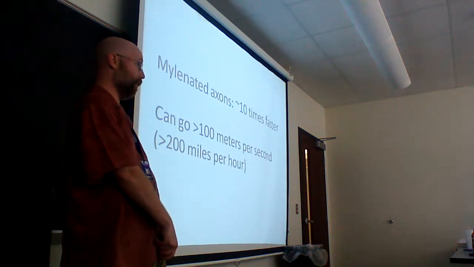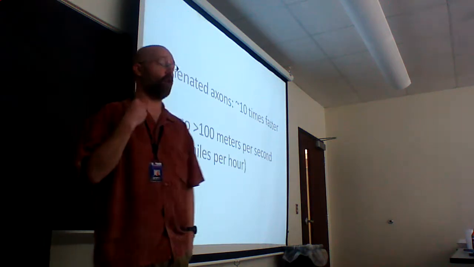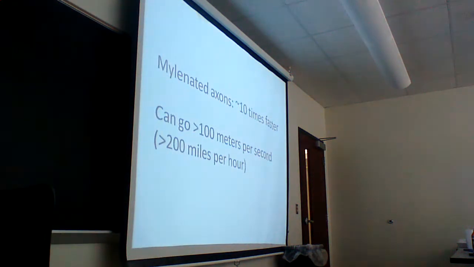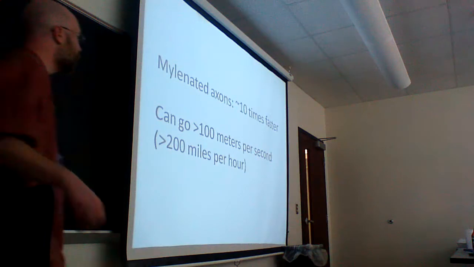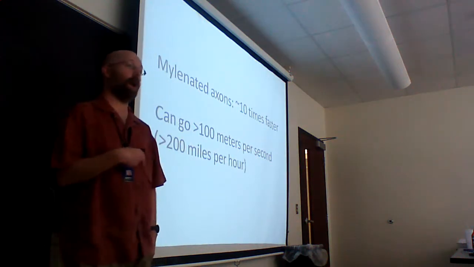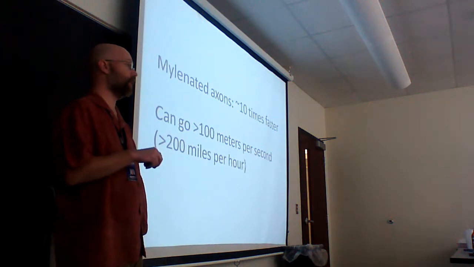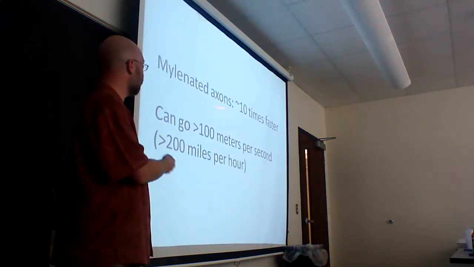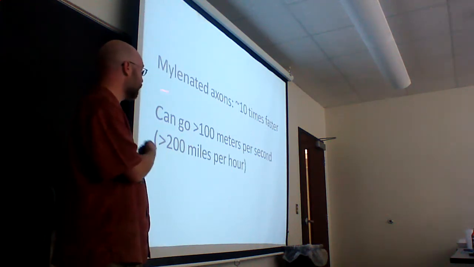That's very important. You need a lot of near instantaneous communication in a lot of your neural circuitry. Not all, but a lot. There are unmyelinated axons which move significantly slower. But this is one of the big things that you can do to speed up signal propagation.